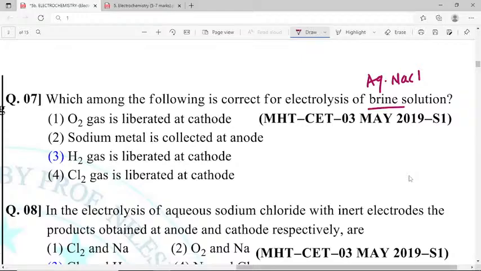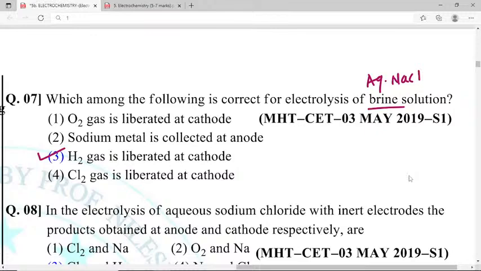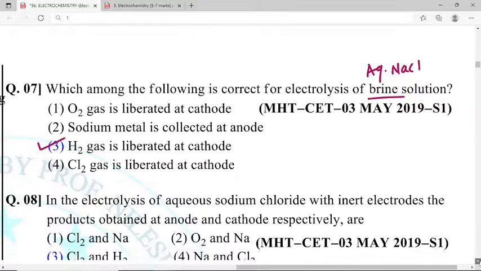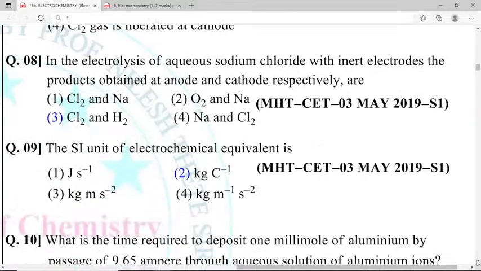In the electrolysis of aqueous sodium chloride, hydrogen gas is liberated at the cathode and chlorine gas at the anode. That is for aqueous NaCl, and this is for molten NaCl: chlorine at the anode and Na at the cathode.